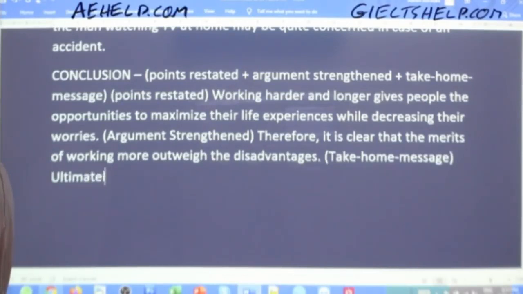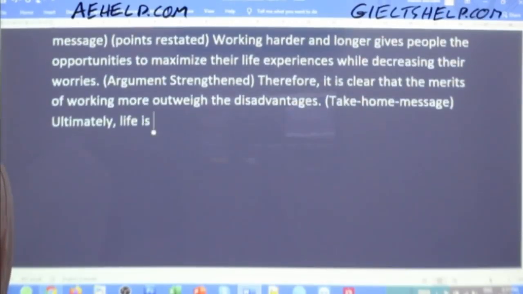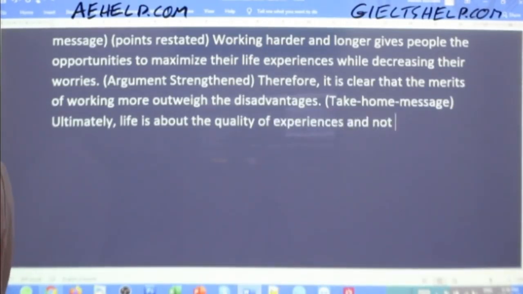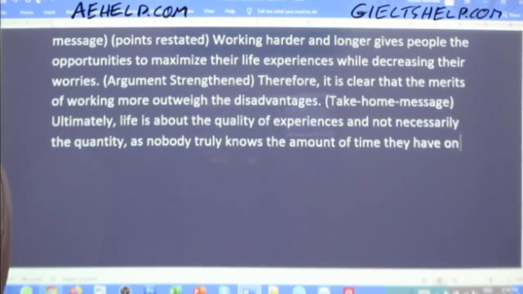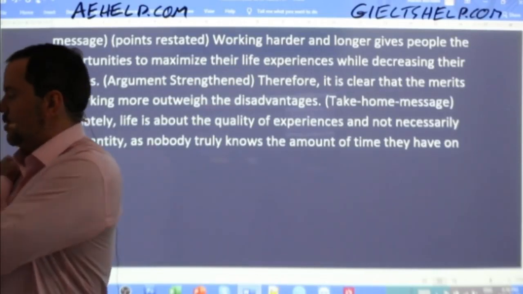Ultimately, life is about the quality of experiences and not necessarily the quantity, as nobody truly knows the amount of time they have on earth. All right, that's my take-home message.